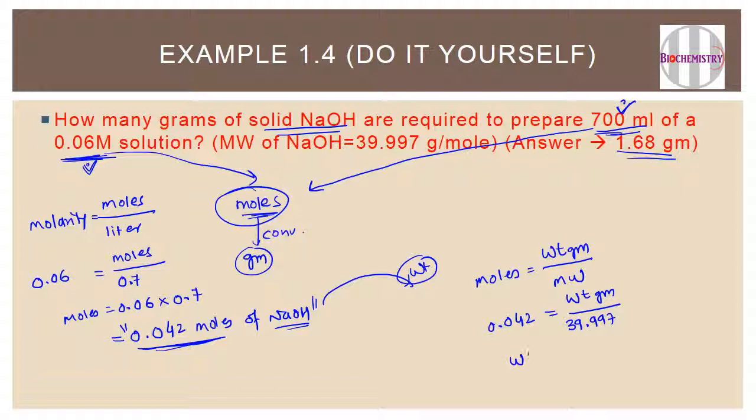If we rearrange, weight in gram is equal to 0.042 multiplied by 39.997. If you do the multiplication, your answer will be 1.68 and the unit will be gram, right? So if you take 1.68 gram of NaOH and go on adding water until you make the volume up to 700 ml, then your solution's molarity will be 0.06 molar.